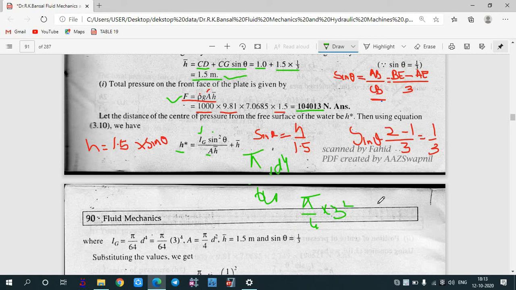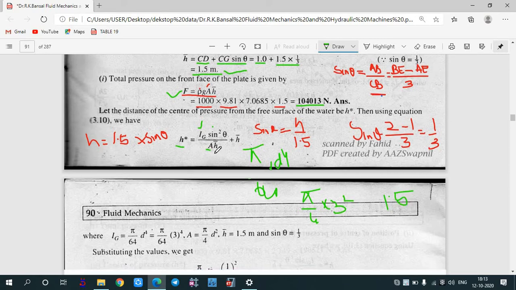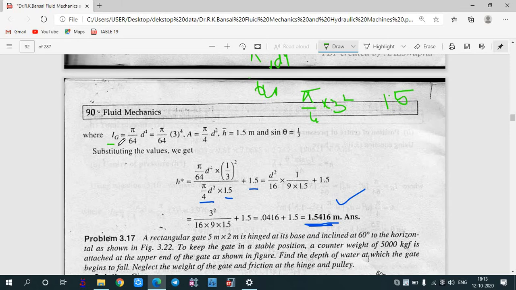H bar was 1.5 meter. So we have got all the values for H star, and we'll put them in. As you can see, Ig is pi by 64 d to the power 4, the moment of inertia for a circular shape. Area is pi by 4 d square, the area for a circular shape. H bar is 1.5 meter. Sine theta value was 1 by 3.